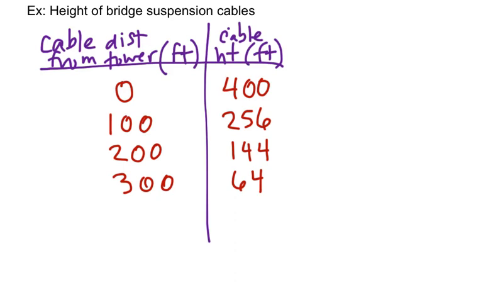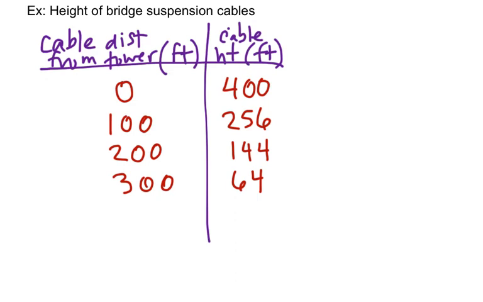All right, so here's an example. The height of bridge suspension cables. We have our x value, our input, our independent variable, which is the cable distance from the tower, and the cable height in feet is our output.